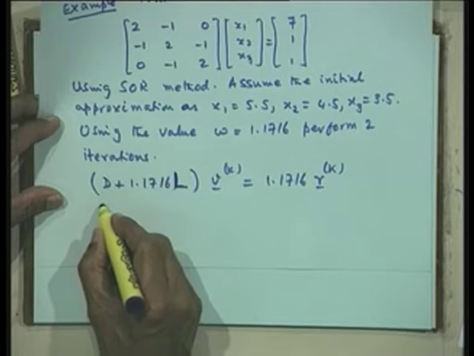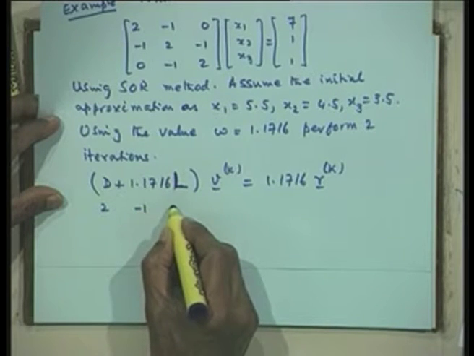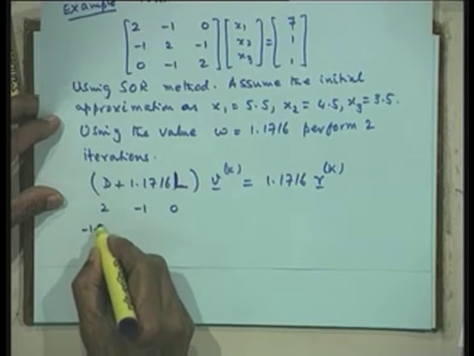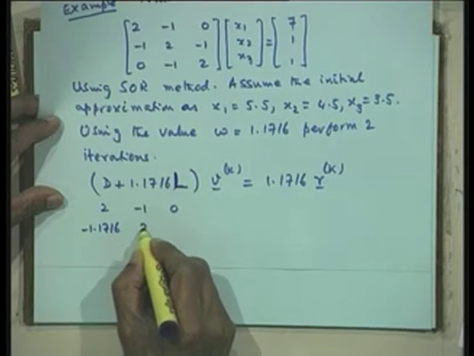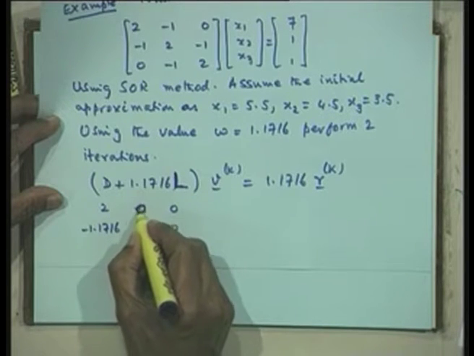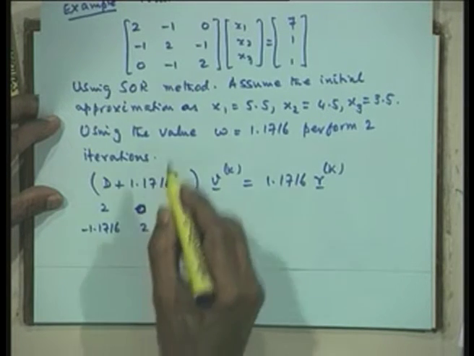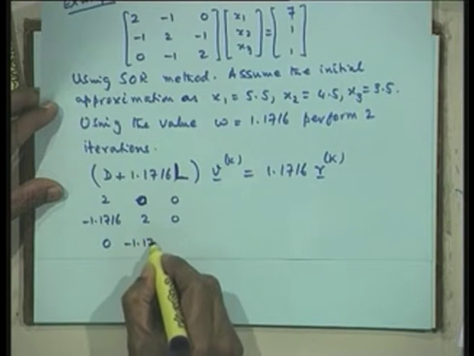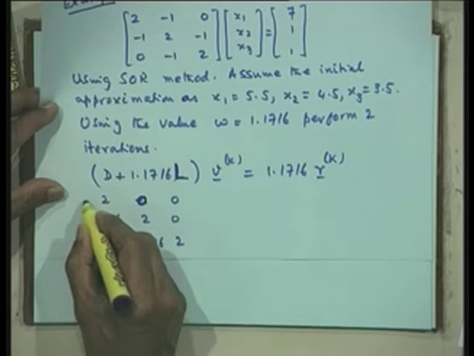So, I can write down 2 minus 1 0, then omega into this, minus 1.1716 2 0, and 0 minus 1.1716 2.